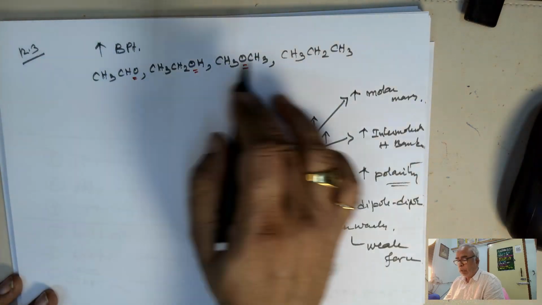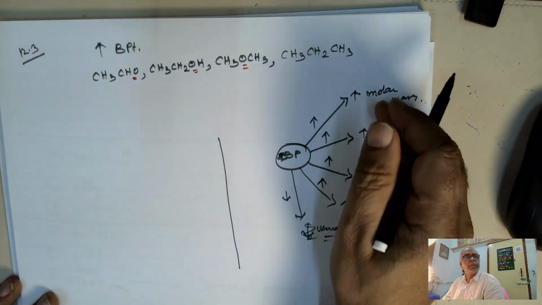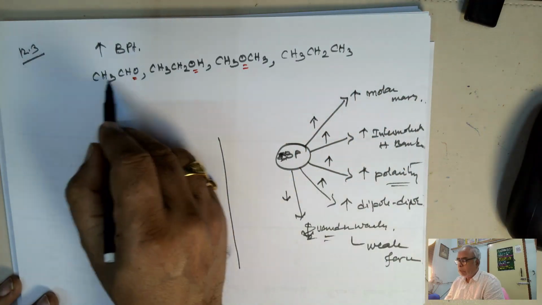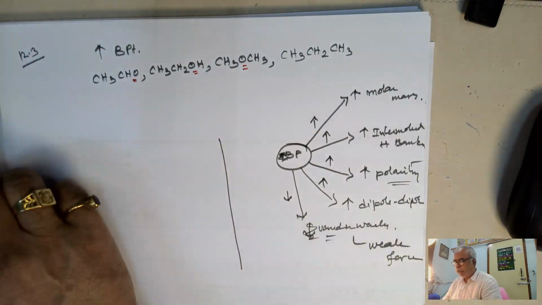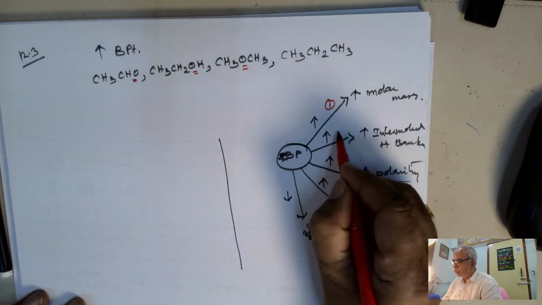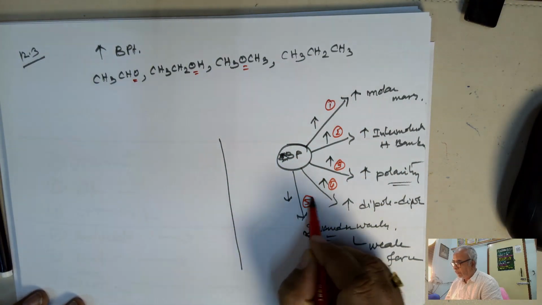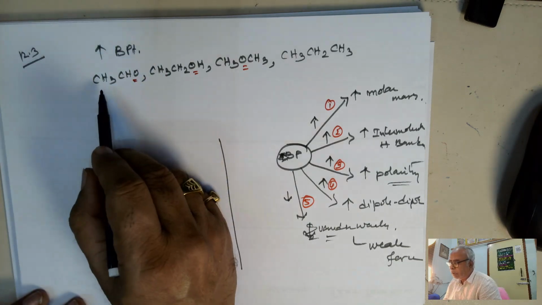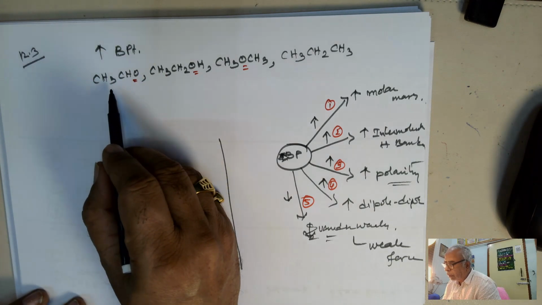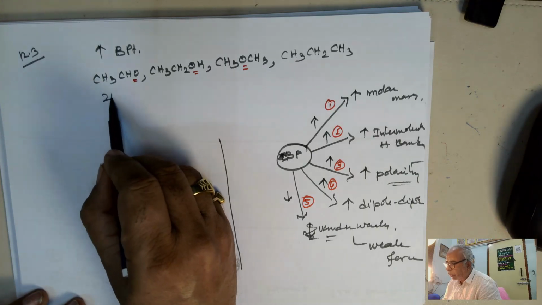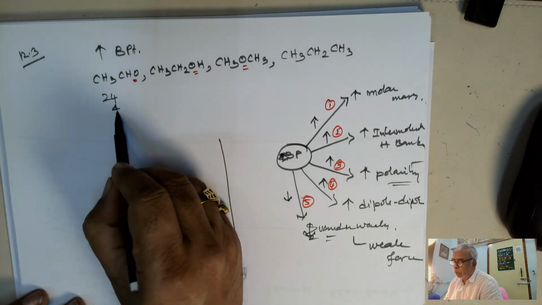And before that, you have to work out the molecular weight also, because I told you it is dependent on molar mass. Now, what is the molar mass of this one? Now I have given how many factors? Factor number 1, 2, 3, 4, 5. Now listen, 2 carbon, so 24. Hydrogen 4.